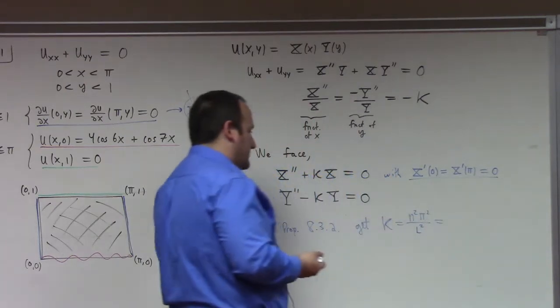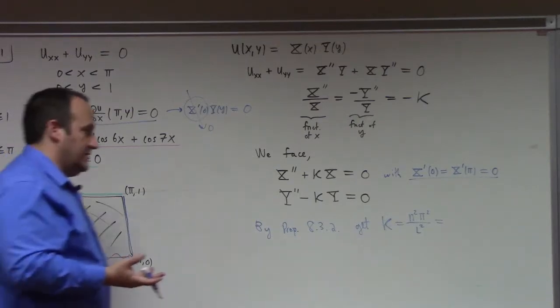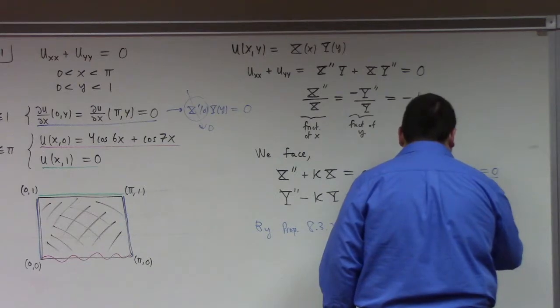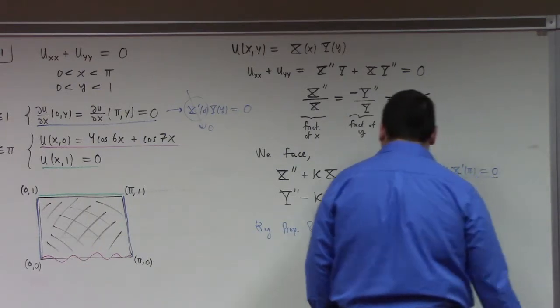What's my L here? Now here you've got to be careful, right? There's two different L's running around. There's the L for x, there's the L for y. Which one are we dealing with? We're dealing with the length in the x direction, which in this case is pi, which is nice, because then we get n squared pi squared over pi squared, and our k is actually just n squared.